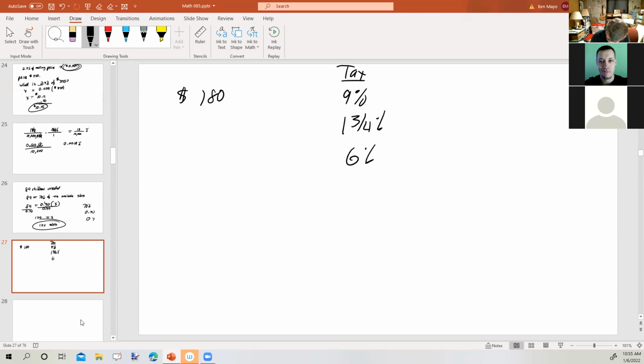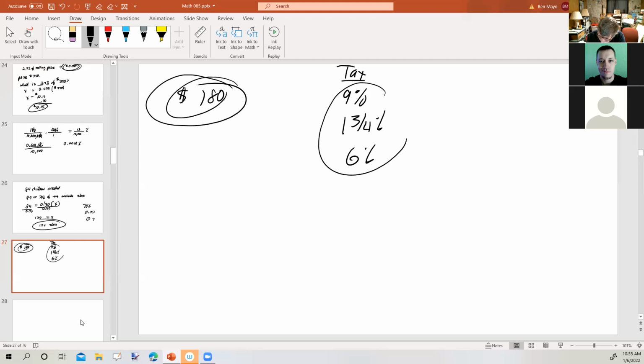And all of those are a percent of this original room price. So we need to find the total amount of tax. Well, since these are all a percent of this amount, couldn't we add these together?